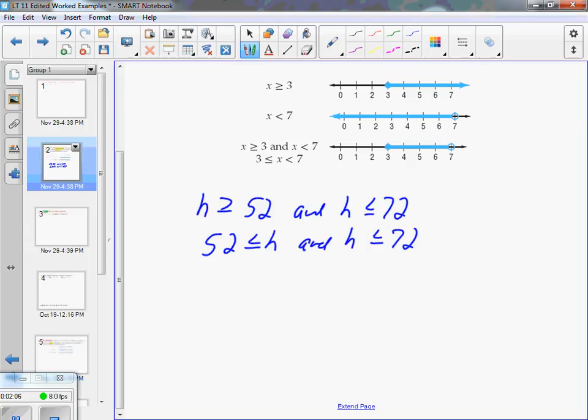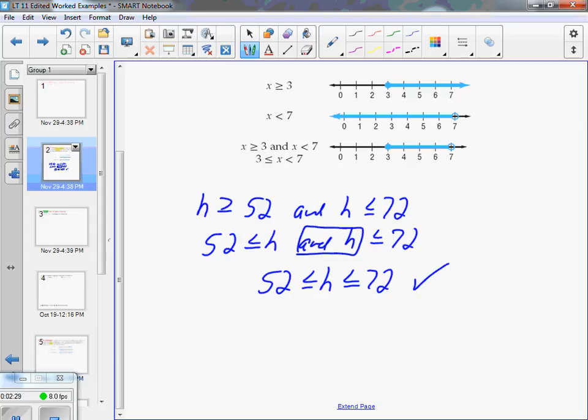Because now I can write this in a little bit shorter version. I can do 52 is less than or equal to h. And then instead of writing and h again, I say and h is less than or equal to 72. And it's worth writing it this way. That's truly now called a compound inequality.